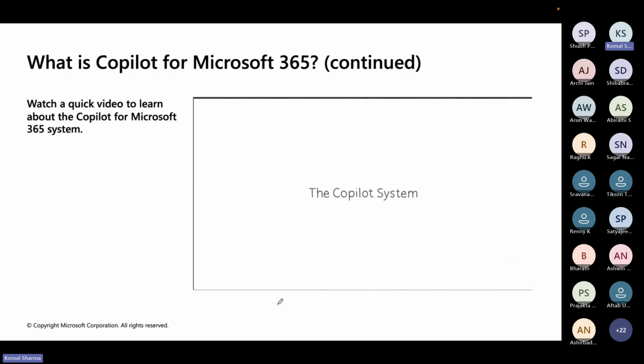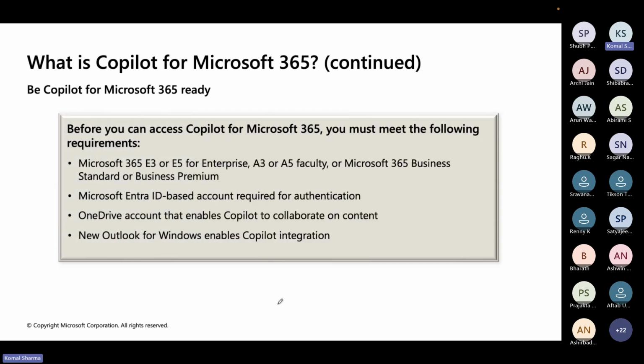Microsoft 365 Copilot. Okay, so now I hope you have understood what this Copilot is all about and what its capabilities are. Now let's see how you need to start working with Copilot. Here let's understand how you can make your environment ready for Copilot. So team, first, when you are starting with Copilot, make sure that you have a proper license.